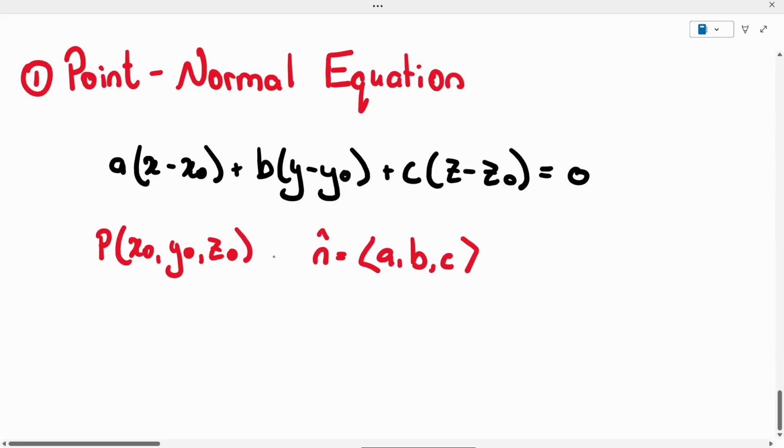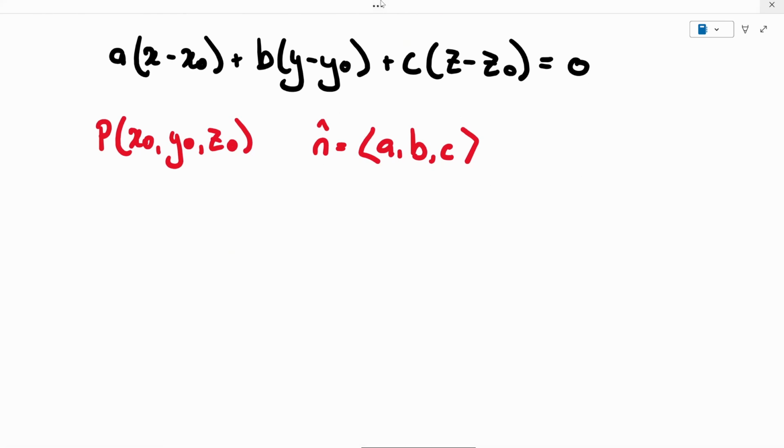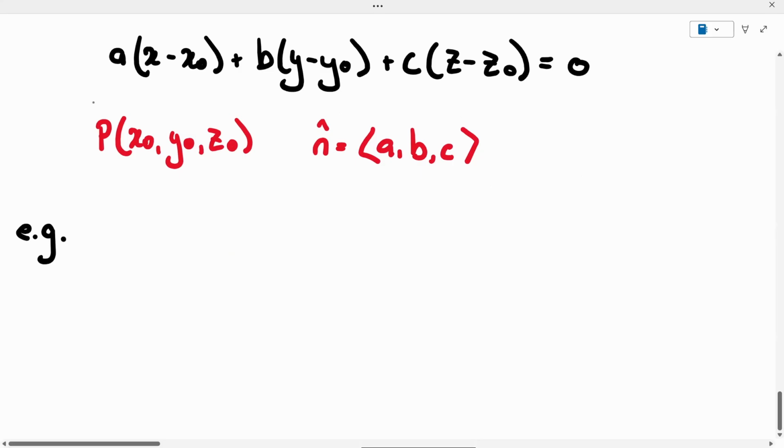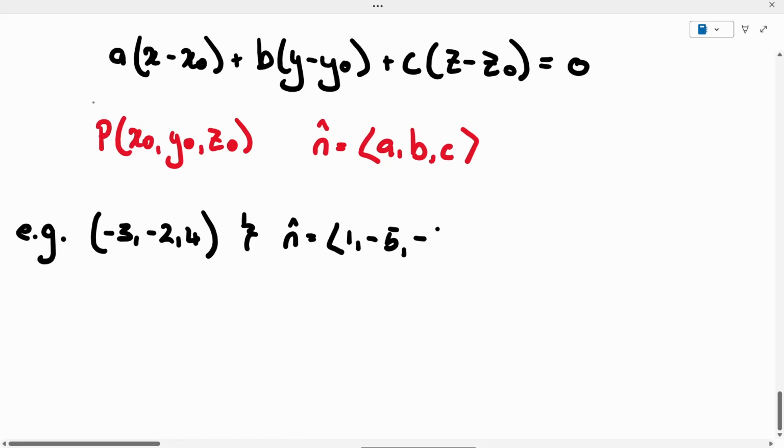Right? So same idea from when we had the equation of a line. We have a point, but it's no longer a parallel vector, it's a perpendicular vector. So for example, try to find the equation of a plane that has the point (-3, -2, 4) and perpendicular vector (1, -5, 7).